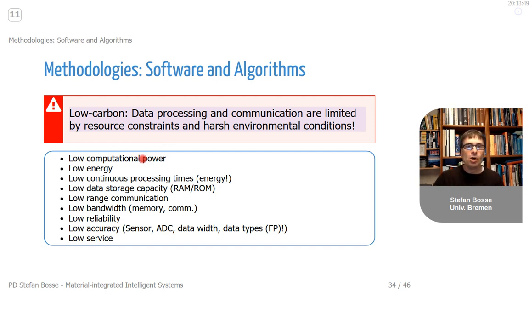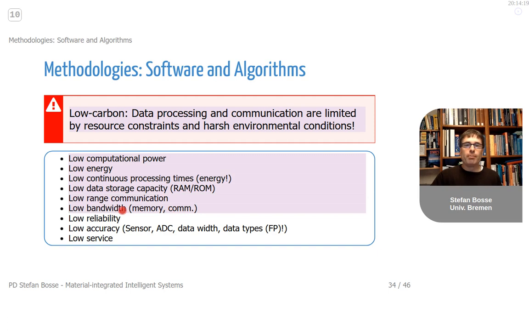That means low computational power, low energy, low continuous processing times. Due to limited energy, the processor can only compute for 1 millisecond, and then energy must be harvested, and after 1 minute it can compute again. This is meant by continuous processing times. Low data storage capacity in RAM and ROM. Low range communication.